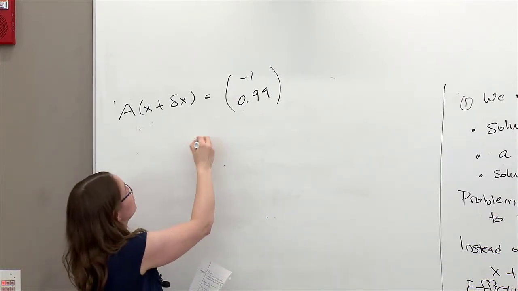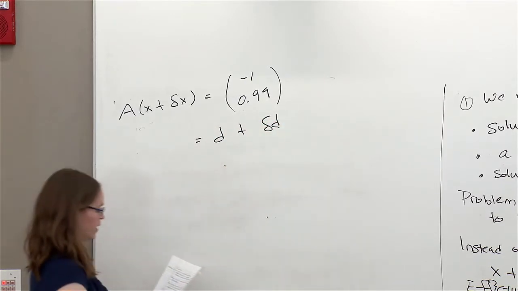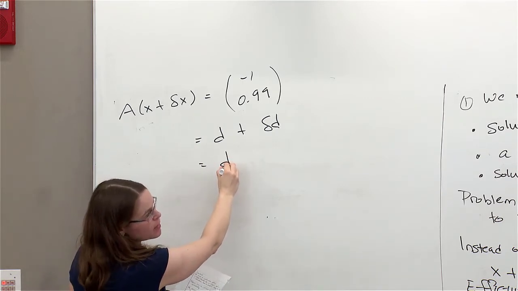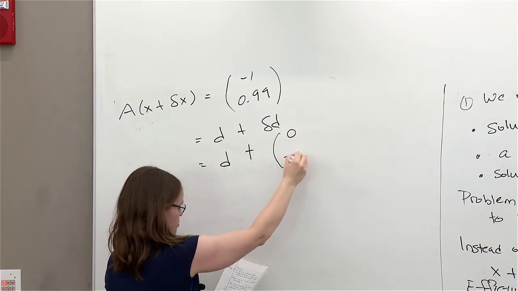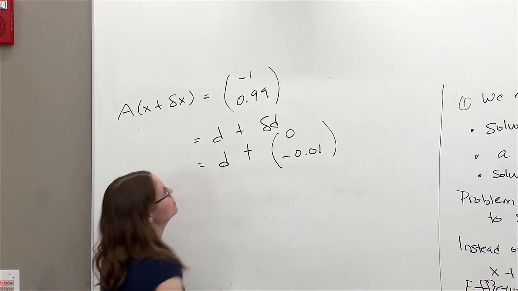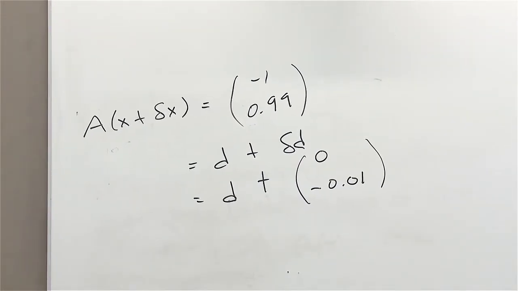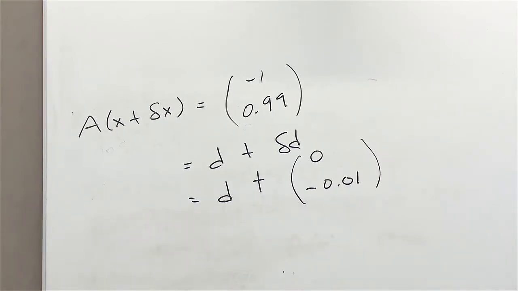Okay, so I'm going to call this again d plus delta d, where if we know our exact d is minus 1, 1, that means delta d is 0 and minus 0.01. Okay, delta d is small.